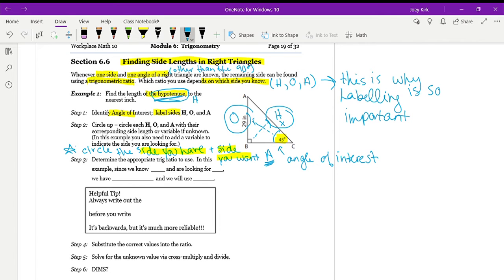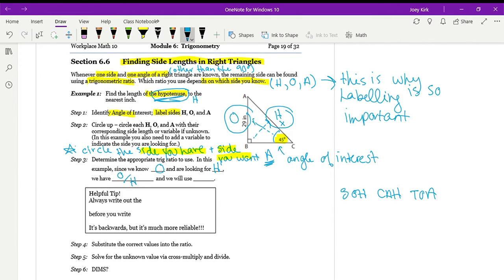So step three is determine the appropriate trig ratio to use. Now, in this example, since we know the opposite and we're looking for the hypotenuse, we have the ratio of opposite over hypotenuse. And so pretty much what you're going to do is you're going to go over here. You're always going to have this going forward on any test or quizzes, but you'll have SOH, CAH, TOA.